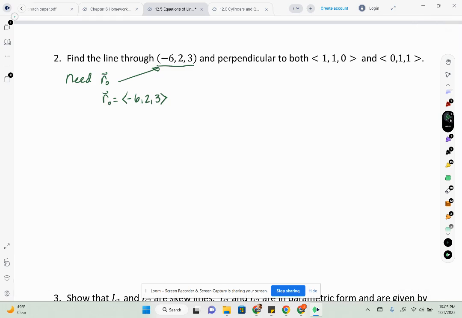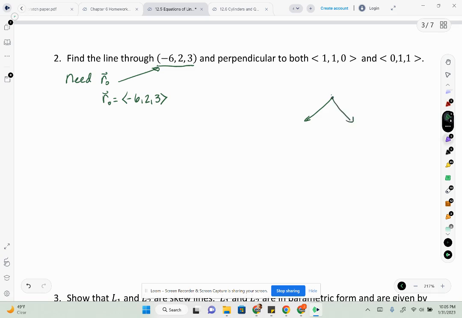All right, now we just learned this, but we have to remember it. If we take two vectors and our line is perpendicular to both of them, let's just look and see what that looks like. I'm going to draw arbitrary vectors, okay? Let's say I've got this one and this one.